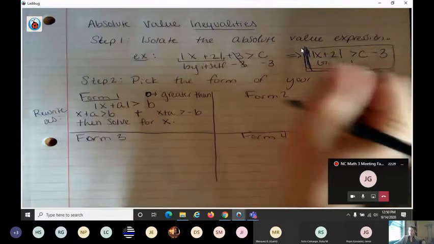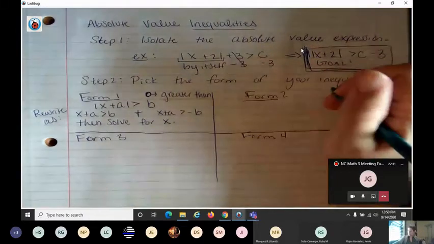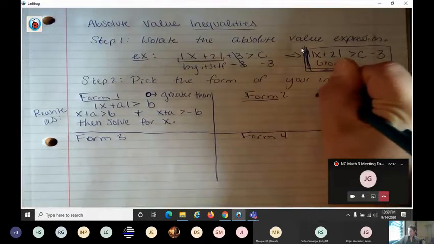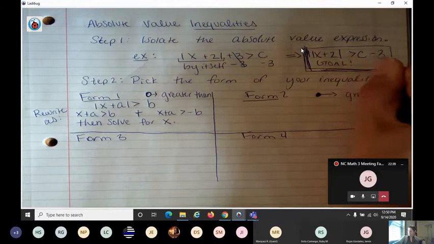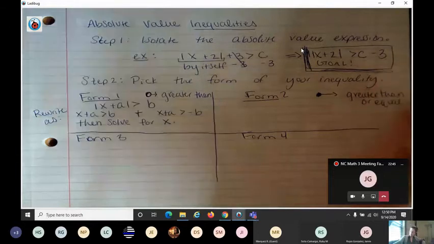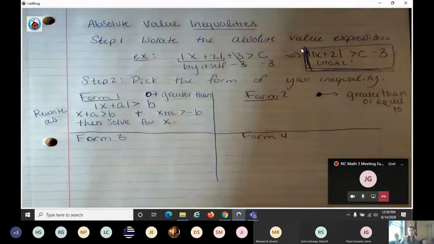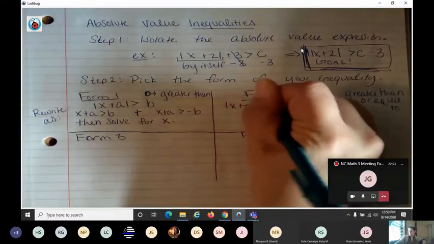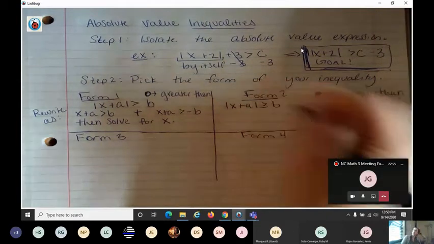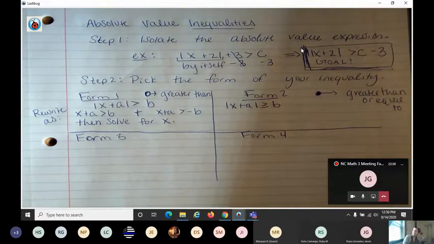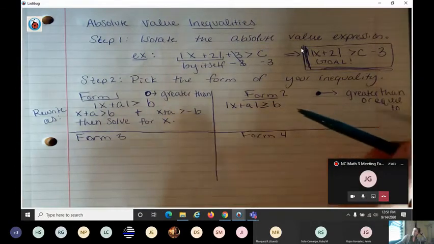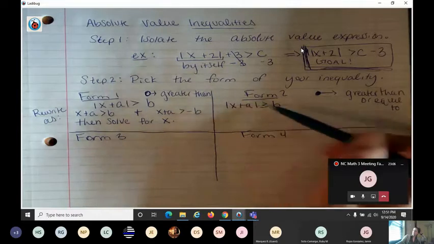Form 2 is going to be when we have greater than or equal to. So this means we're going to have like a closed dot if we were to draw this on a number line. We would have greater than or equal to. Okay. And this is going to look something like x plus a is greater than or equal to b. Okay, so I like to think of this as like the alligator thing. The alligator always wants to eat the bigger thing, so this one must be greater than that one.